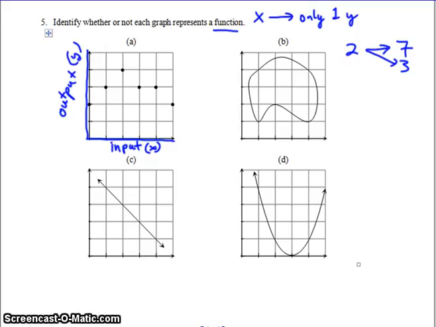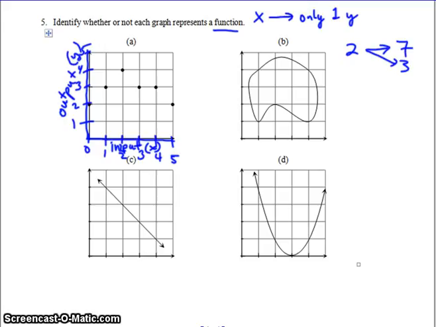If I have my input, I have different values. Let's go by ones: 0, 1, 2, 3, 4, and 5, and similar 1, 2, 3, 4, and 5 for my output.